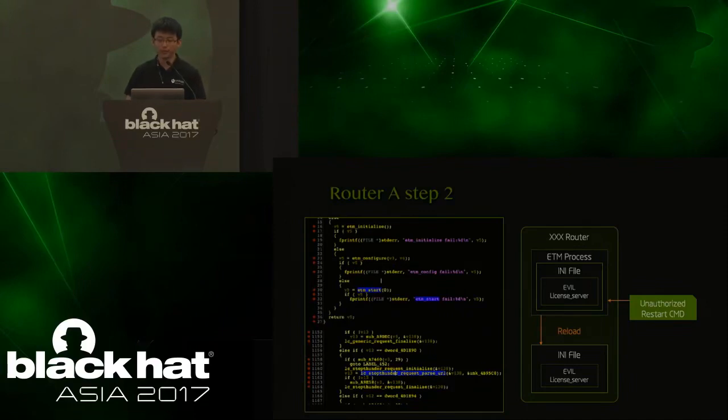A new vulnerability needs to be found. As this diagram shows, an unauthorized restart command could accomplish that. The INI file could be reloaded upon restarting and trigger the stack overflow.